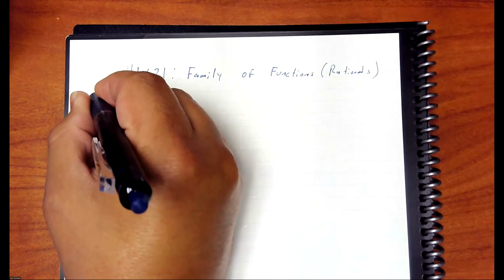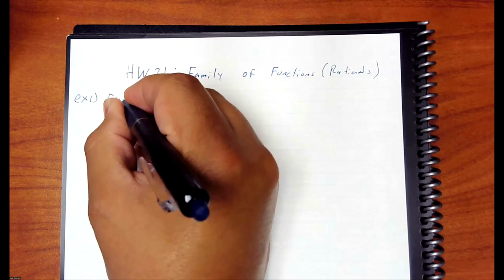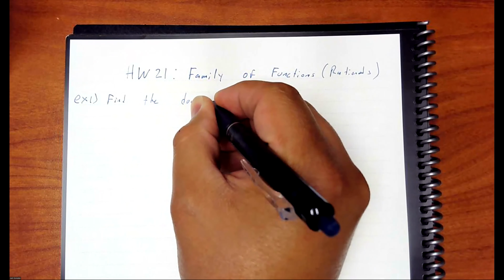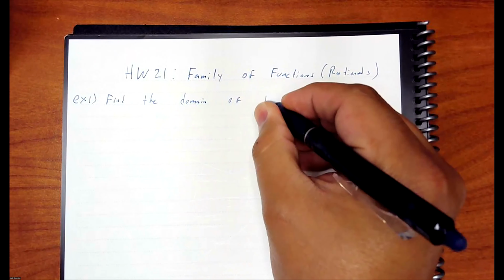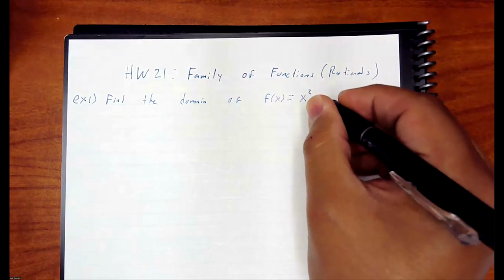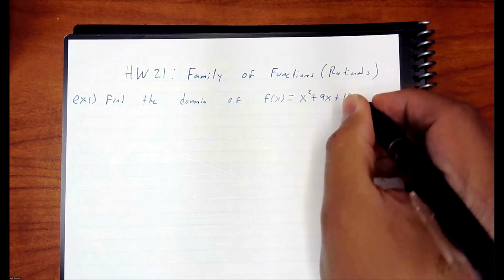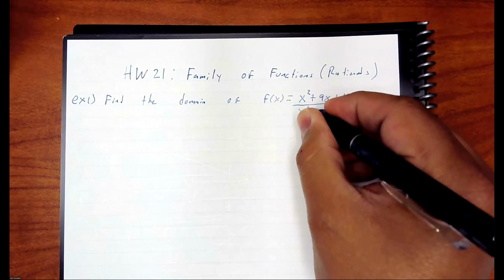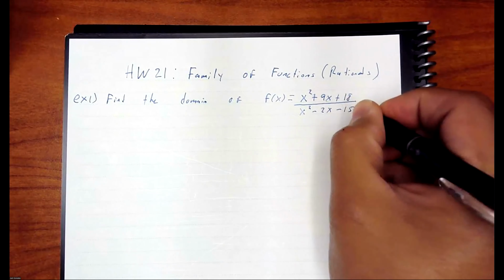So example 1, find the domain. It's problem 1 from the homework. Of f of x equal to x squared plus 9x plus 18 over x squared minus 2x minus 15.